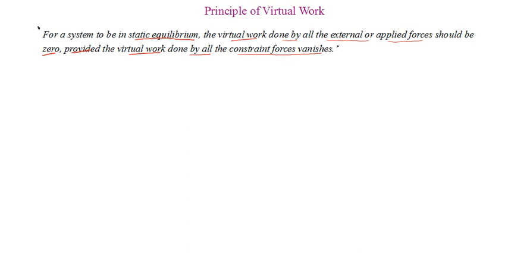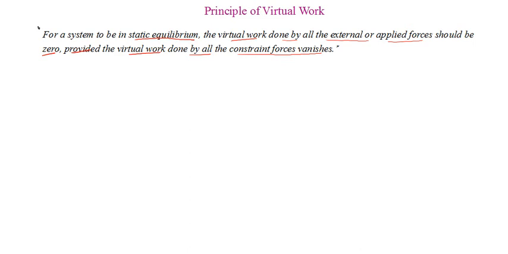So let me just explain the principle of virtual work. It's quite simple. For a system to be in static equilibrium, the net force on the system should vanish. Is that not right? That is our pure mechanical concept.